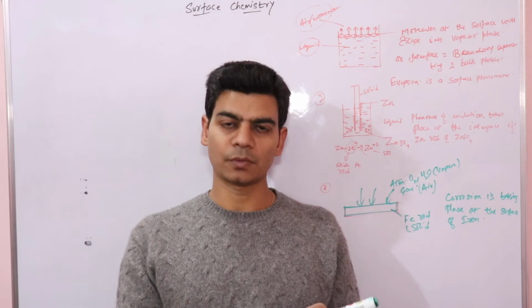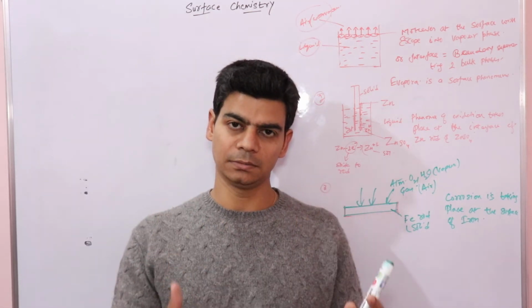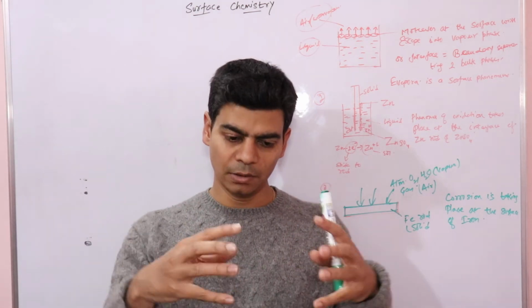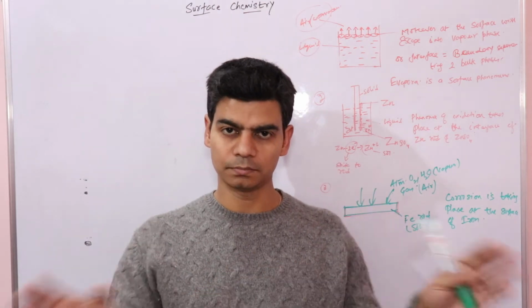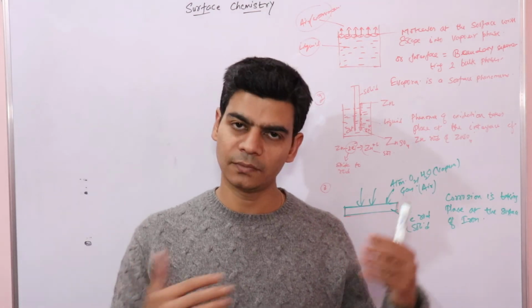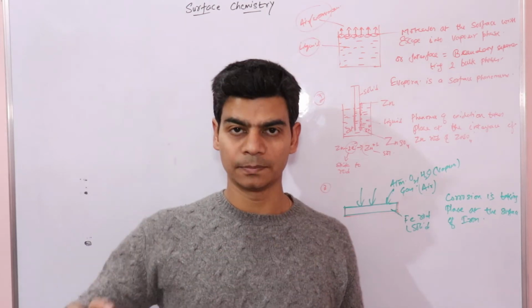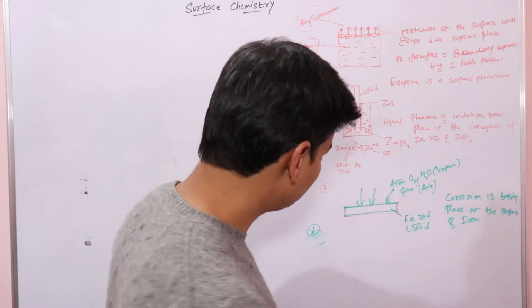What it does is it provides a surface to the reacting gases, and these reacting gases will get adsorbed on the surface of your catalyst. Or let's not call it adsorbed. What it does is it will form temporary bonds with the surface of the metal, right?